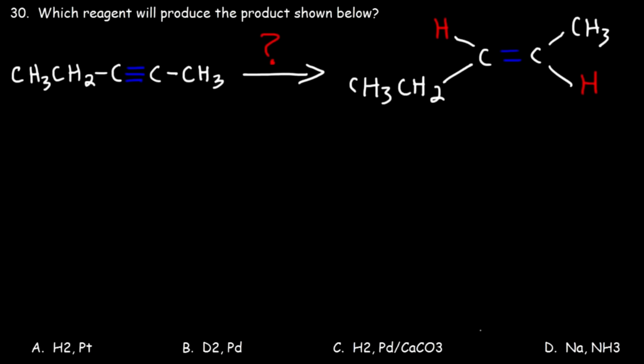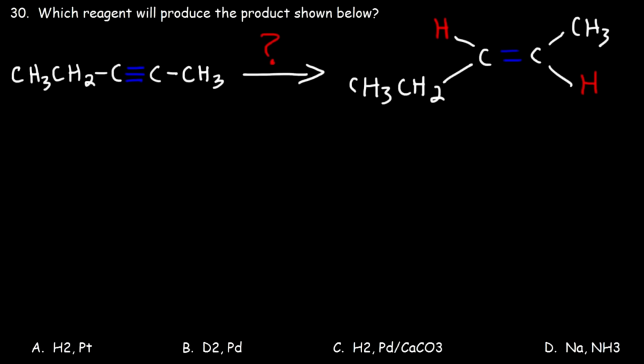Number 30. Which reagent will produce the product shown below? Is it going to be A, hydrogen gas with a platinum catalyst, B, deuterium gas with a palladium catalyst, C, hydrogen gas with palladium mixed with calcium carbonate, or D, sodium metal mixed with liquid ammonia?